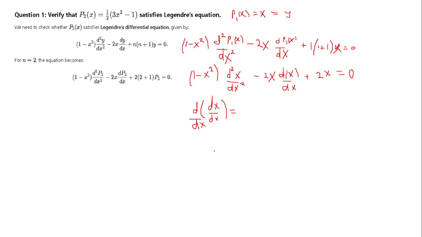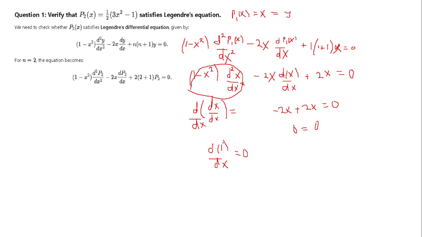So we're going to have d1 by dx. This one will give you 0 because you're differentiating a constant. So this whole place now will become 0, right? Then this one now will give you 1. So the only two we'll have here are minus 2x plus 2x, right? You see that the left hand side is 0, is equal to 0. So this one too is also a solution.